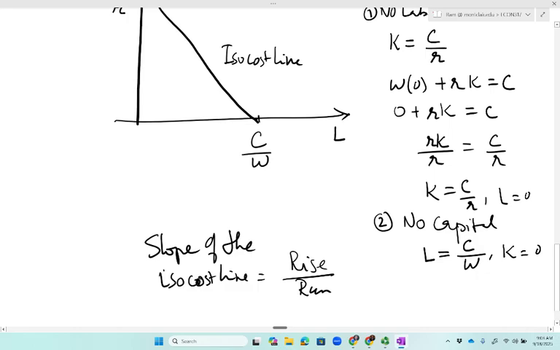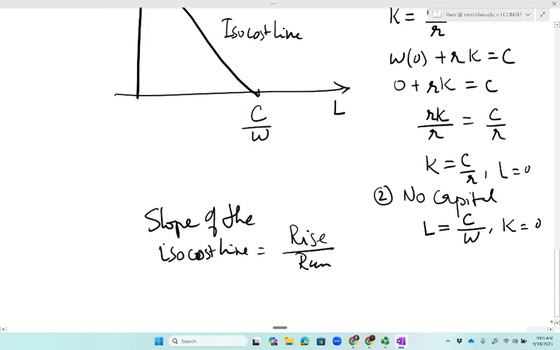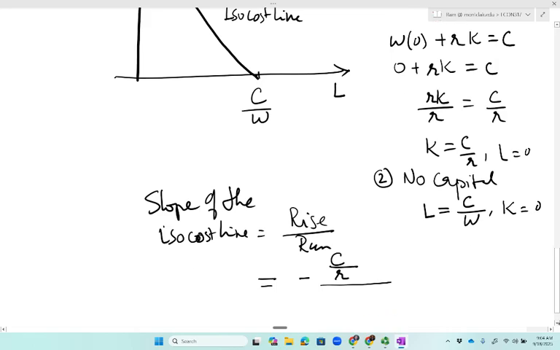We know the slope here is negative. It's a downward sloping line. So I can now write down minus C over R, that's the rise. In fact, that's the fall, as we move from the point on the left to the point on the right, over the run being C over W, we can simplify this.